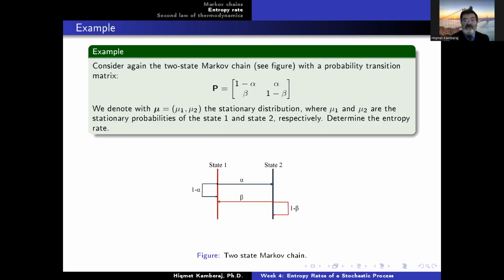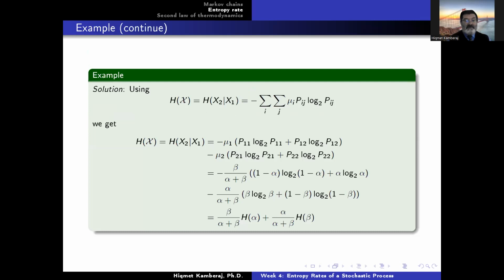Again, we denote with mu the stationary probability distribution vector with components mu1 and mu2, which are the stationary probabilities of state 1 and state 2 respectively. Then I want to determine the entropy rate of this process.